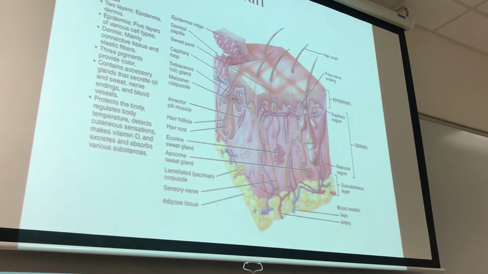Everything from this orange line to my pinky is the dermis. And then this bottom layer, which is just this yellow layer of fat, that's the hypodermis. So they do ask the question, making sure you know this is the epidermis, this is the dermis, and this is the hypodermis.